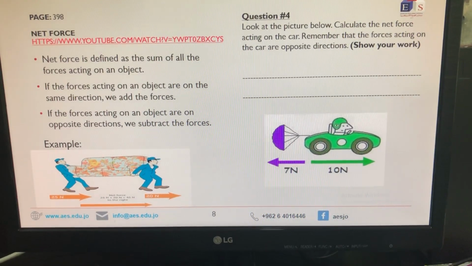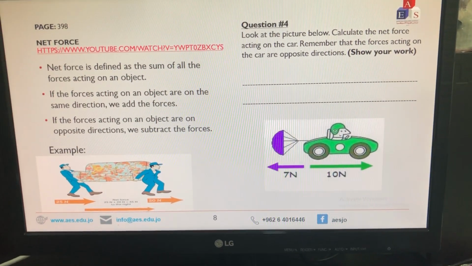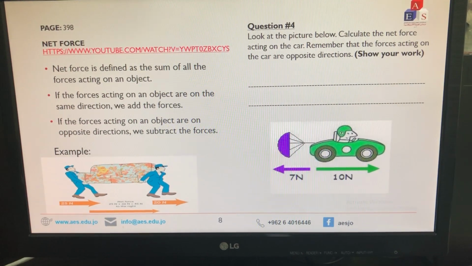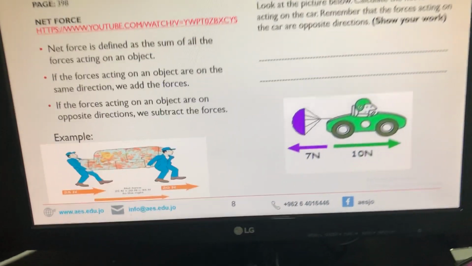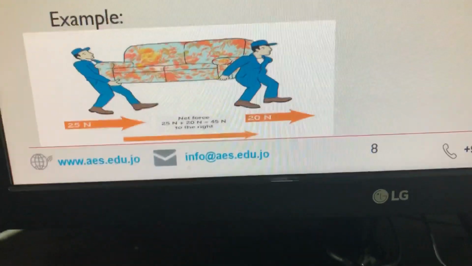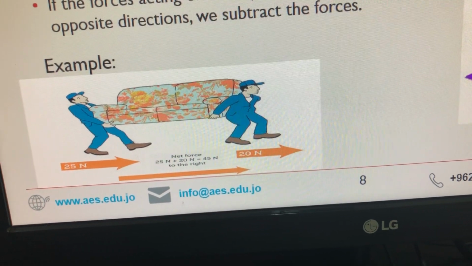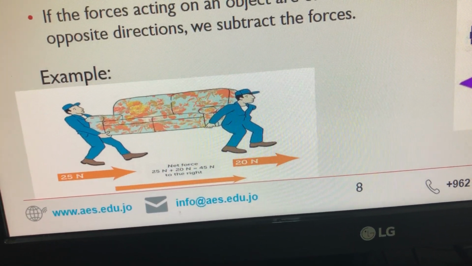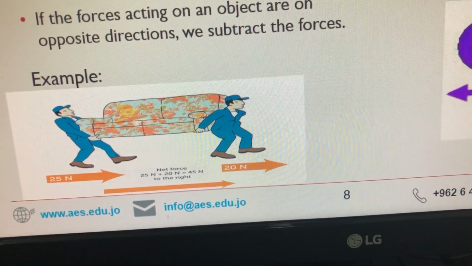We can have many forces acting on an object in the same direction, or we can have many forces acting on an object in different directions, all right? So I want you to pay attention to this example very closely. Now we have two forces acting on the couch, 25 Newton going to the right and 20 Newton also to the right.